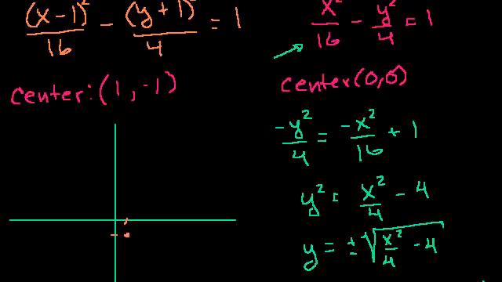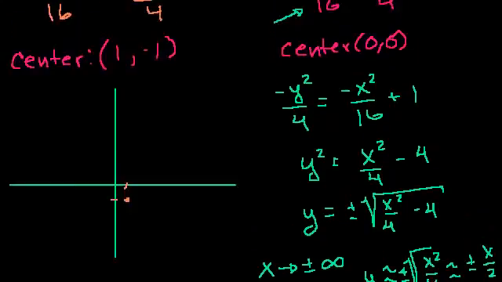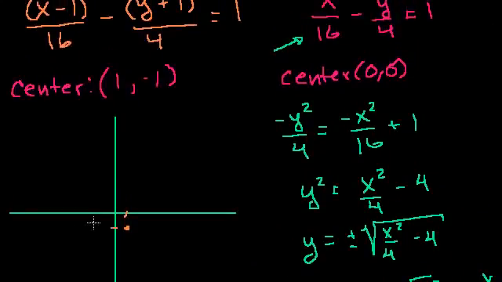And then the slopes of the asymptotes were positive and negative 1/2, right? So let's do the positive 1/2. So that means for every 2 you run over, so if you go in the positive x direction 2, you move up 1. So you go to the right 2 and up 1. So that's the first one. And let me draw that asymptote.